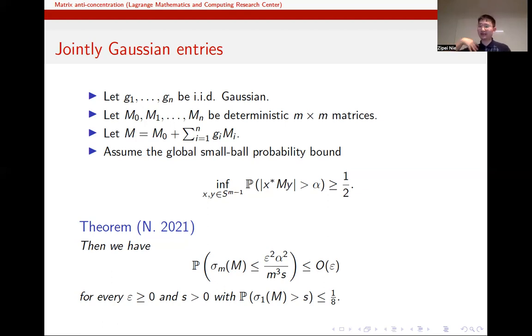From that, we can use Markov's inequality to bound the probability that the matrix M has a small singular value.